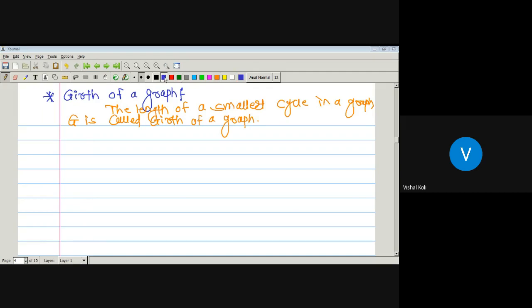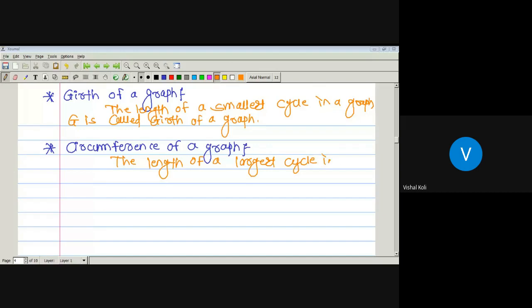Same for the circumference of the graph: it is the length of a largest cycle in a graph.